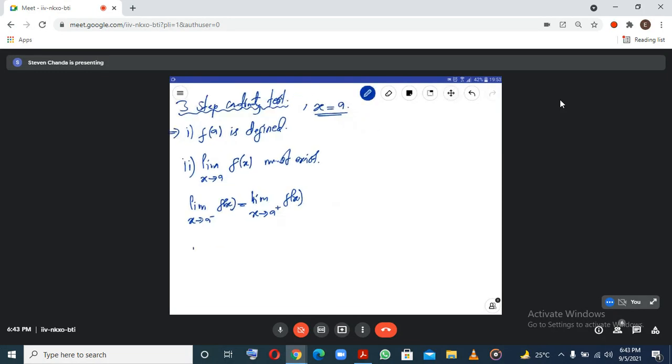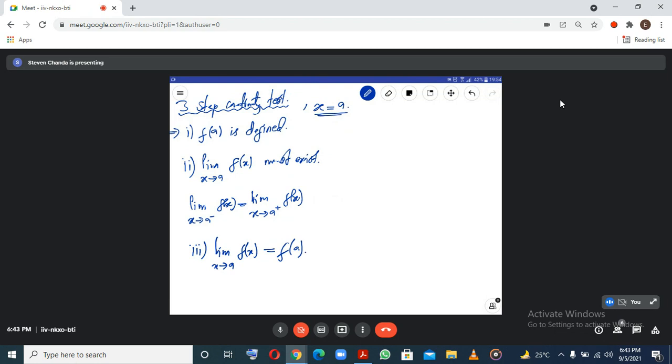So the third step of the three-step continuity test is that the limit as x goes to a of f of x is equal to f of a.